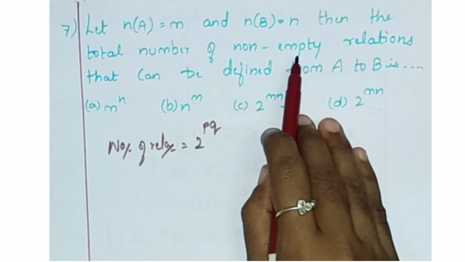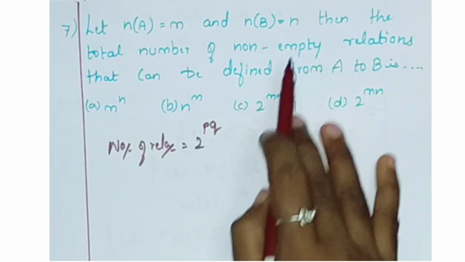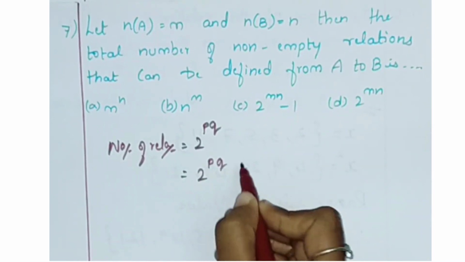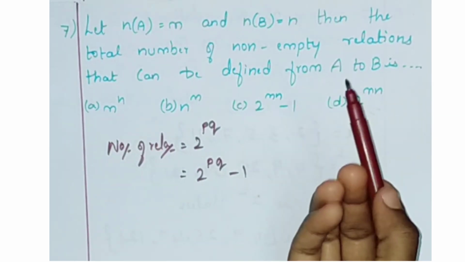For non-empty relations, you just subtract the empty relation from this, which becomes 2^(pq) minus 1. That's it. In this question they have given m, n. No problem.